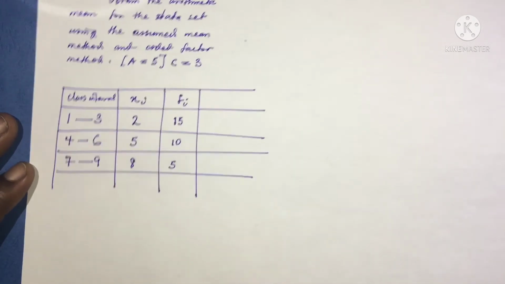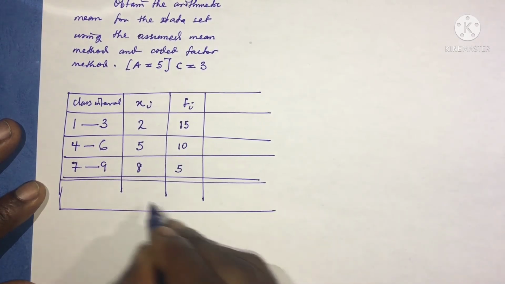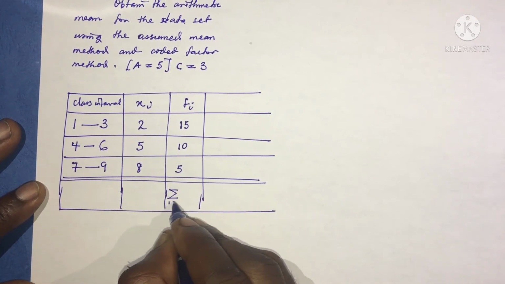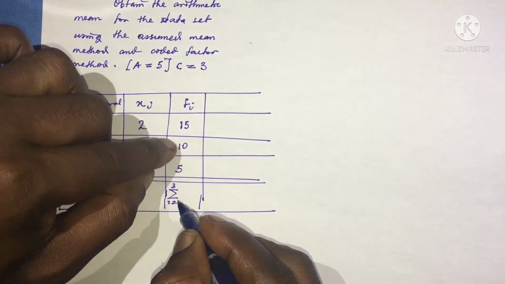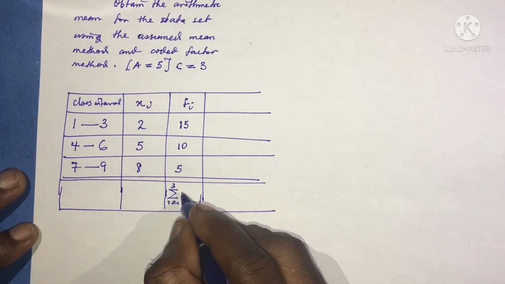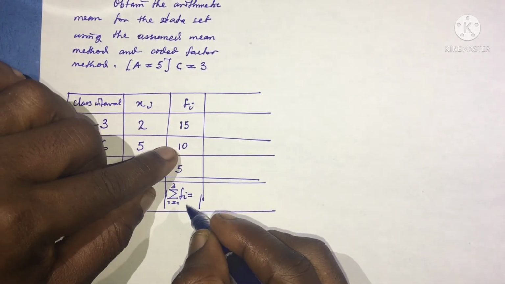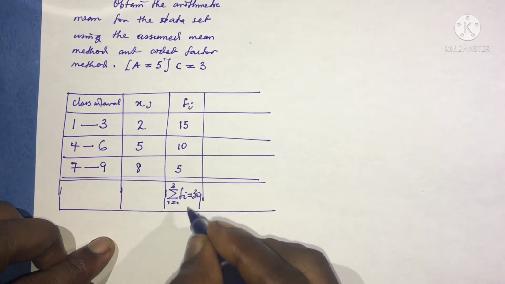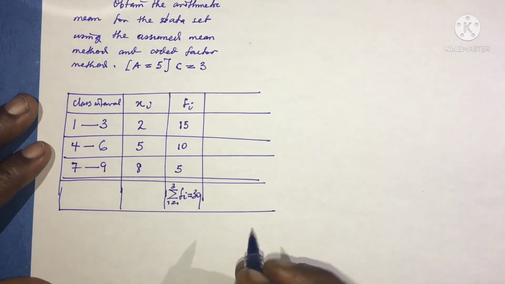Ordinarily, what we are going to obtain will be the summation from i equals 1 to 3, because there are 3 frequencies, 1, 2, 3. This will give us summation Fi equals 15 plus 10, which is 25, plus 5, which is 30. So the summation of all Fi's would have given us 30.